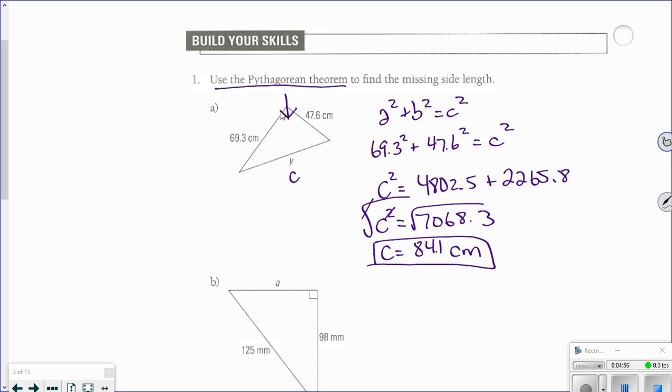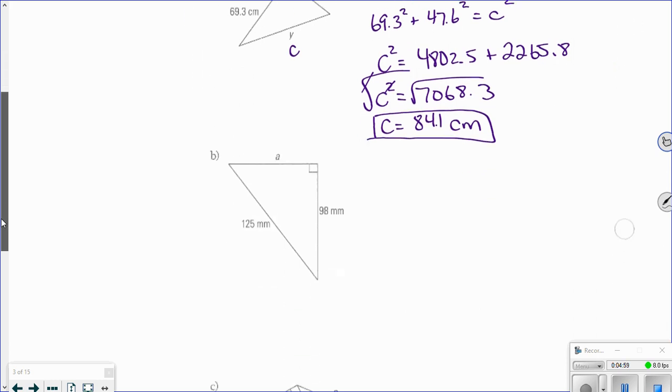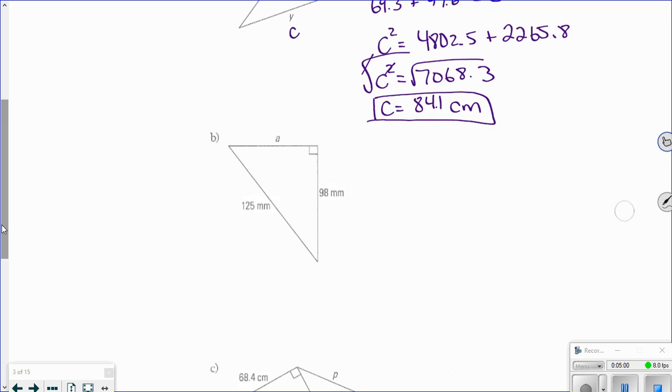Okay, again, we've got a right triangle. We've got two sides. We're missing the third, so we're going to use a squared plus b squared equals c squared. The right angle points at the c side in my formula, which means in this case I'm solving for a.